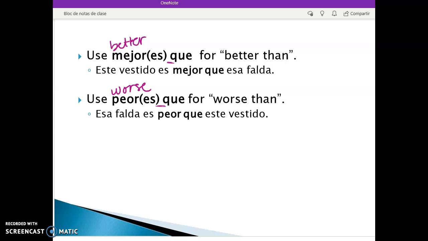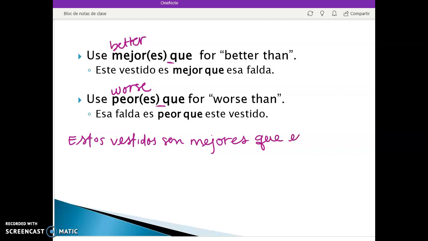If we wanted to make that sentence plural, I'll go ahead and write it down here. So it would be estos vestidos son mejores que esas faldas, and those skirts.